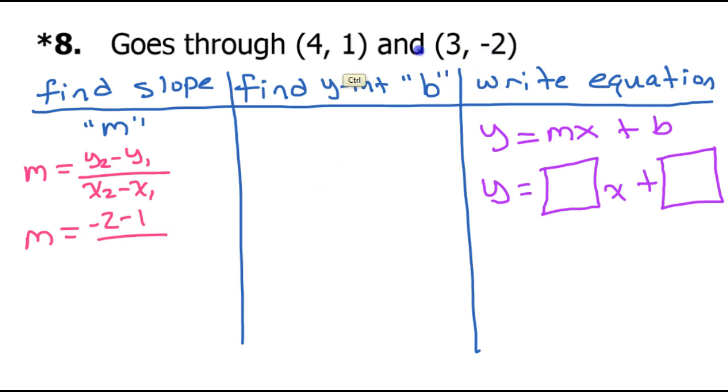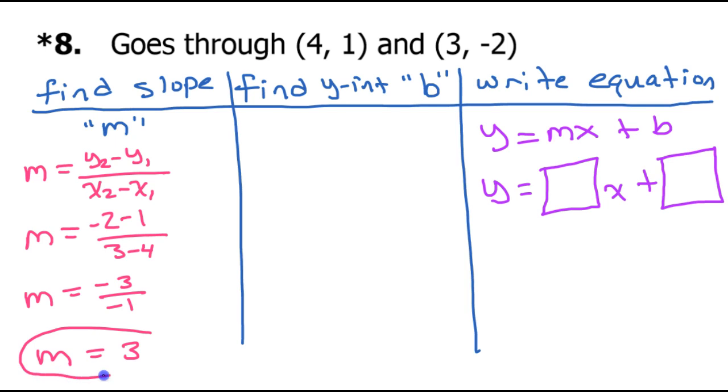And then 3 minus 4, x2 minus x1. So what's that going to give me? This is going to give me -3 over -1. So that is simply +3. A negative divided by a negative is a positive. So the slope is 3. So I can go ahead and put 3 right here for m.